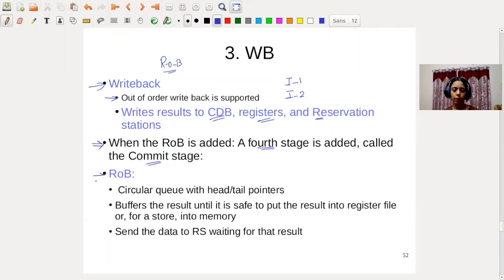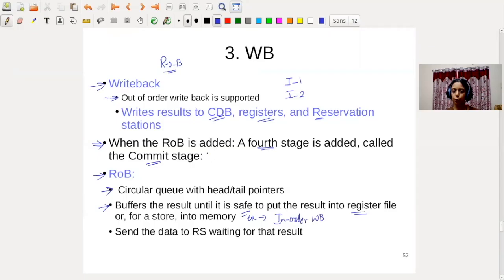And then what is a reorder buffer? That's what we're going to discuss today in this lecture. So it is basically a circular queue with head and tail pointers. I'm going to be describing it in the next slide. So it is going to buffer the result until it is okay to put the result in the register file. So what do we mean by it is safe or okay? It means that we want to do an in order write back.